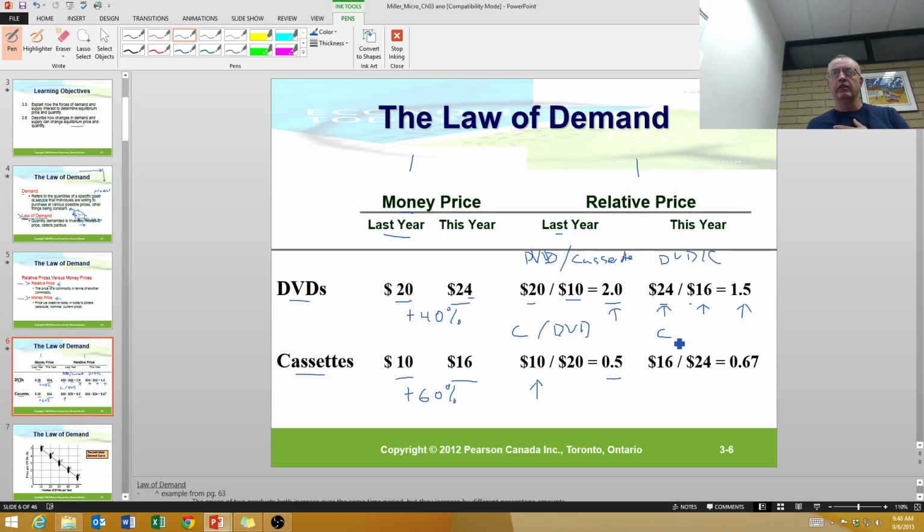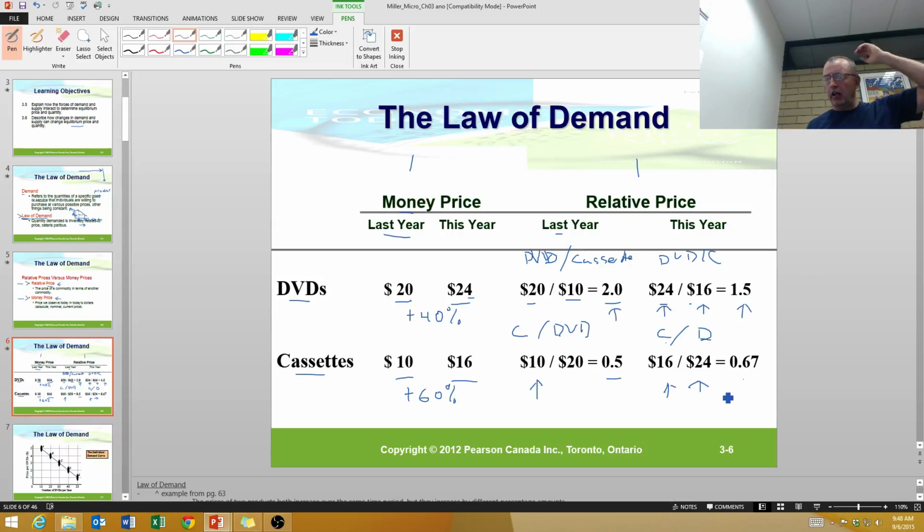And this year, because the prices of the two products increased by different percentage amounts, when we buy one cassette, it'll cost us $16. When we buy one DVD, it's going to cost us $24. So the number of DVDs that we can buy per cassette is only 0.67.